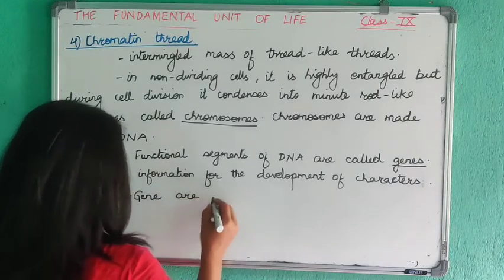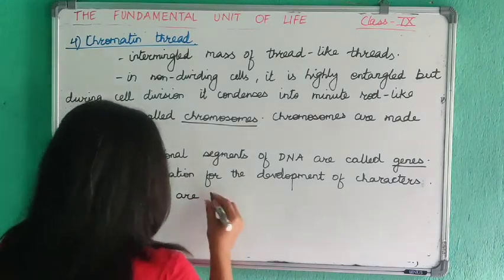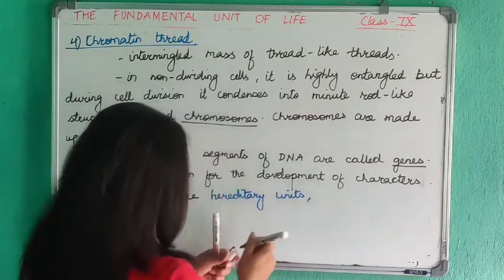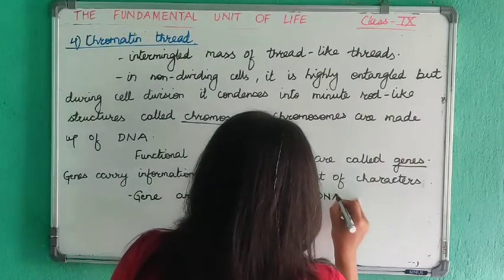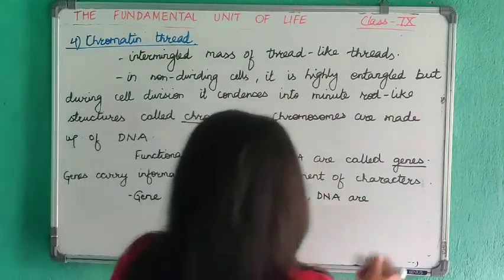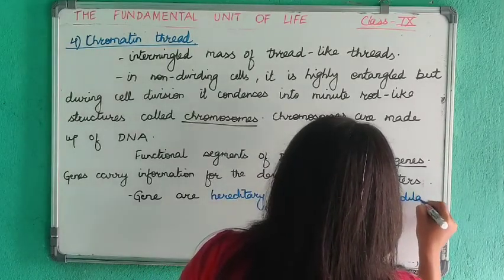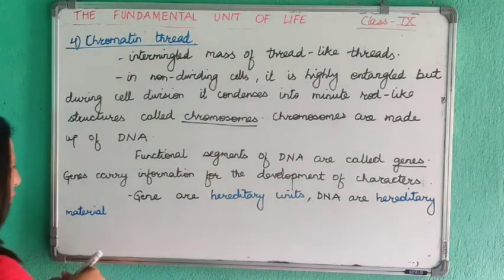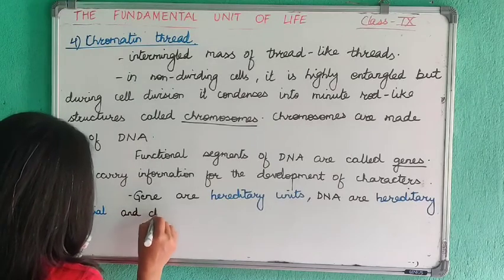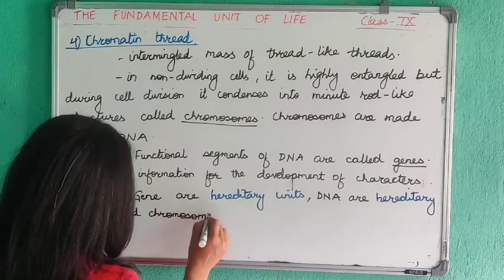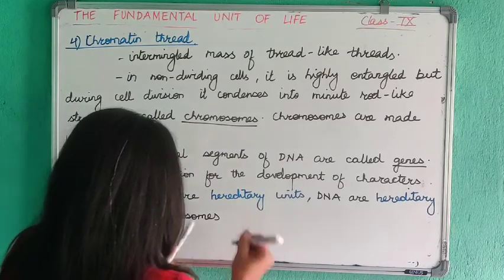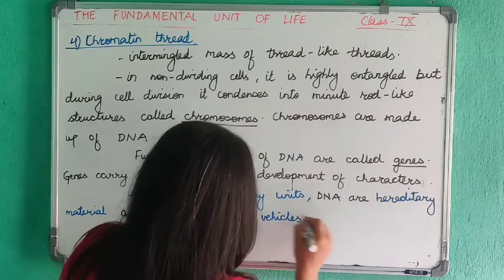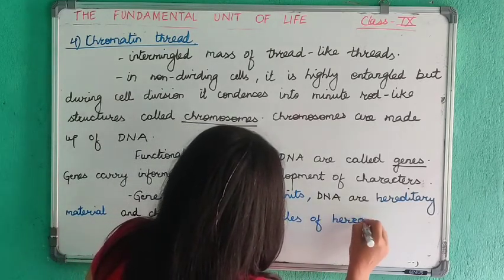So genes are के भन्दो रहेछ तिनीहरुलाई, हेरिडिटरी युनिट्स. ओके, हेरिडिटरी युनिट्स. फेरि DNA लाई हेरिडिटरी मटेरियल. ओके, हेरिडिटरी मटेरियल and chromosomes are known as vehicles of hereditary material. Vehicles, गाडी जसले बोकेर ल्याउँछ, vehicles of hereditary material. बुझ्नुभयो?